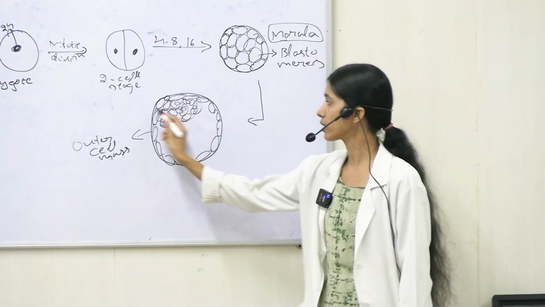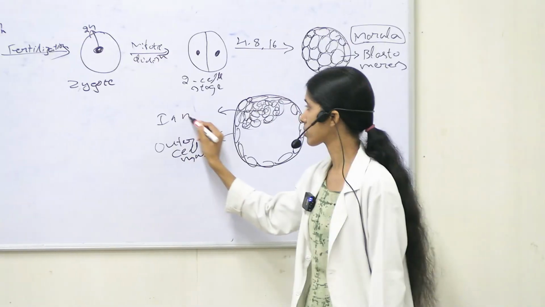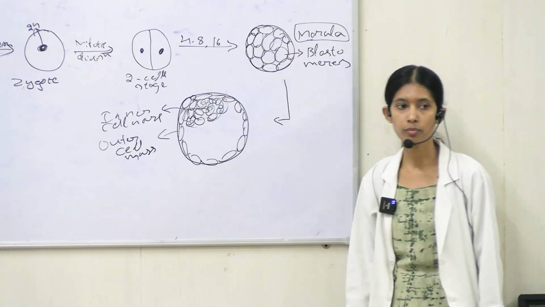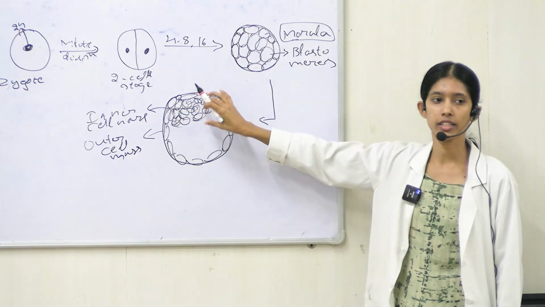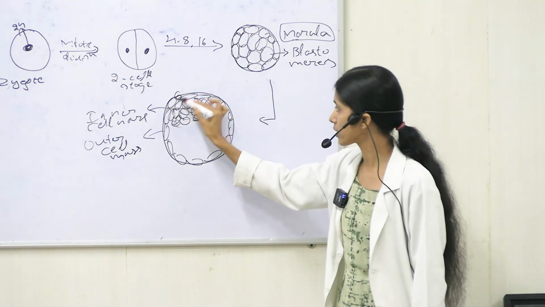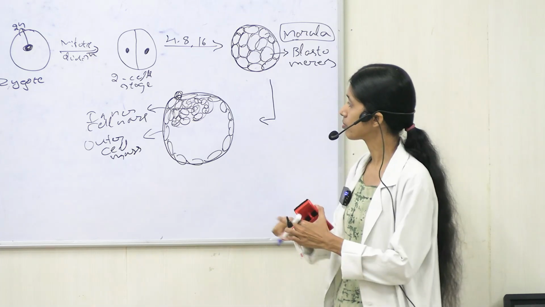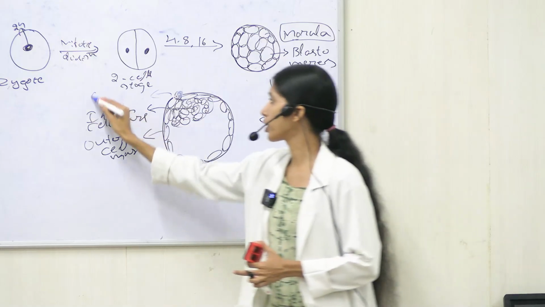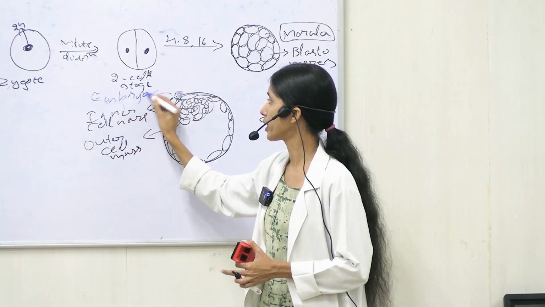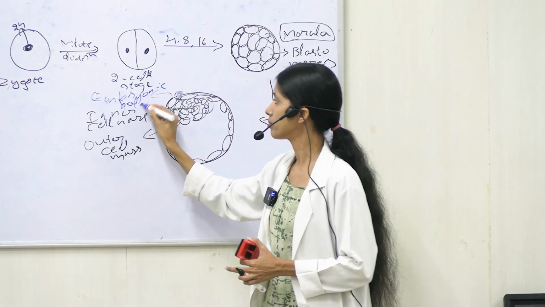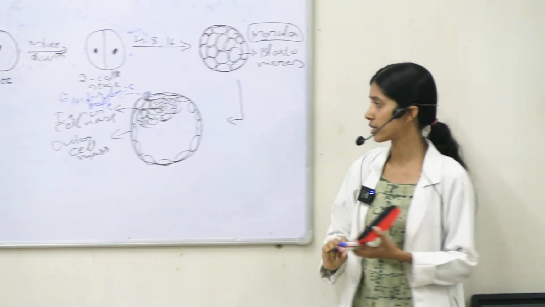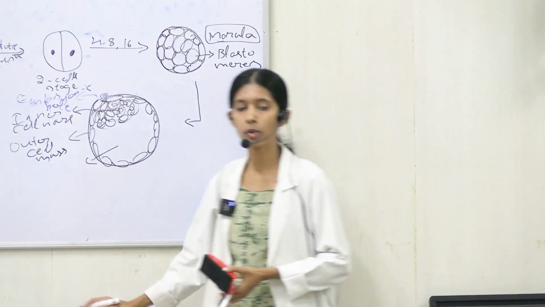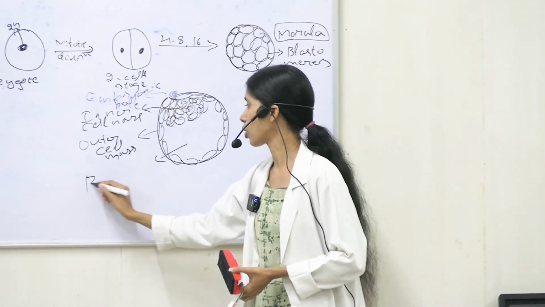And this part is called the inner cell mass. The pole, or the point where the inner cell mass is present, this pole, is called the embryonic pole. And the cavity present here is called the blastocele or blastocyst cavity.